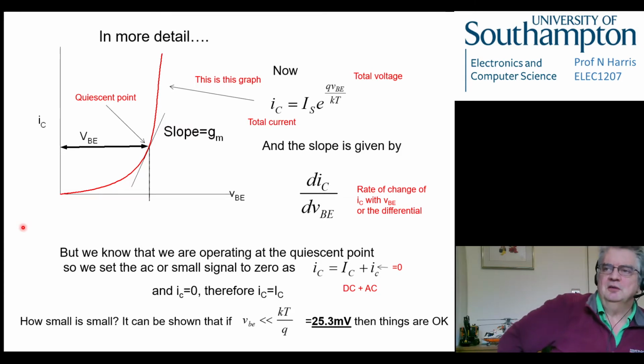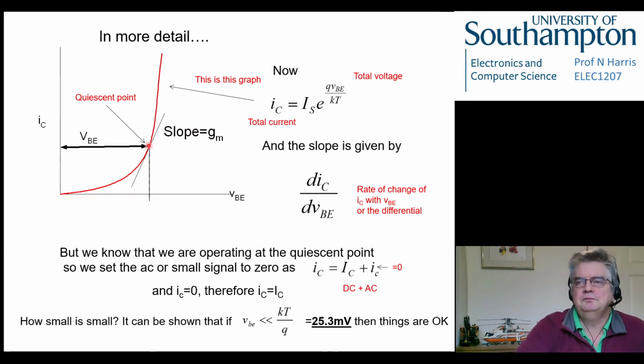So in a bit more detail, this is the graph we looked at, so the input to the output, exponential function, slope at a given point. The equation of this graph is actually given by IC equals, if you remember, think back to the emitter equations that we talked about in the first couple of lectures on transistors.